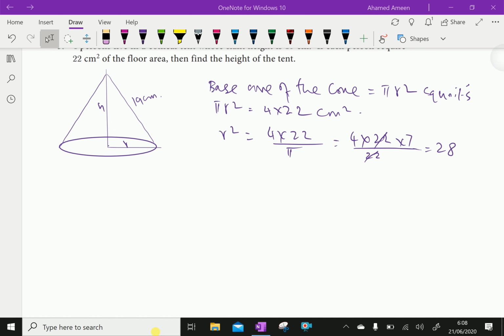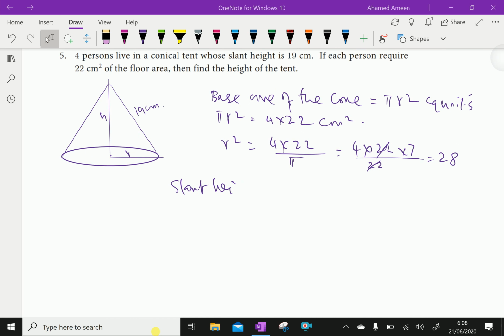Now the slant height equals 19 centimeter.